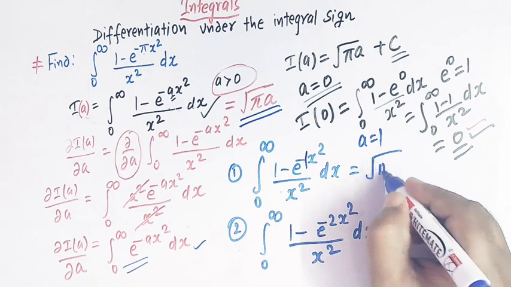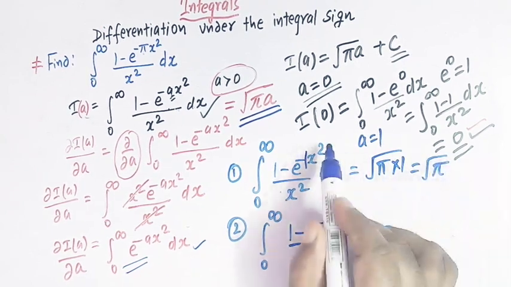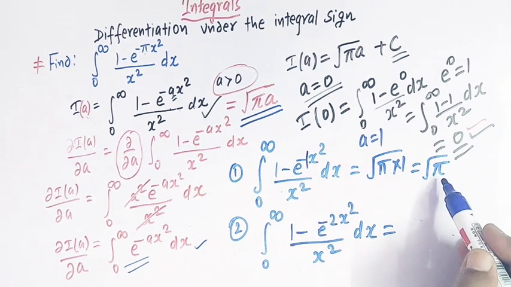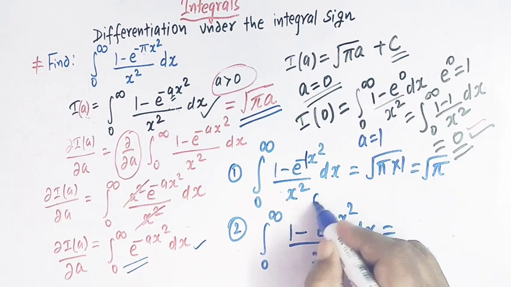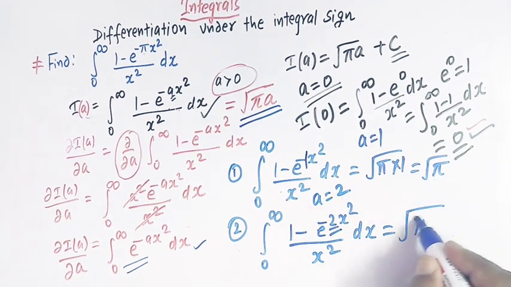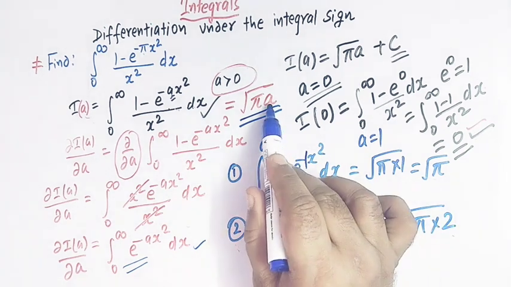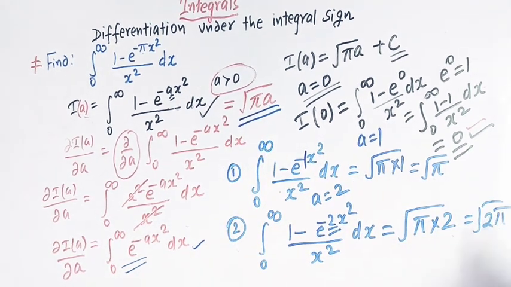So, we have root pi times 1, that is square root of pi. So the value of this integral is square root of pi. And in this case, we have the value of a as 2. So the value of this integral is root pi times 2, because a is 2. So this is square root of 2 pi, right?